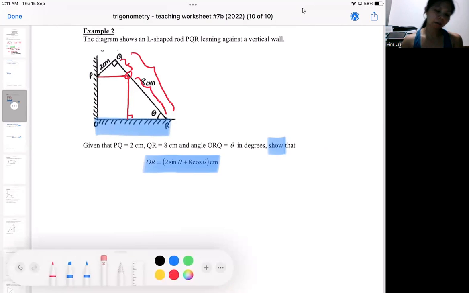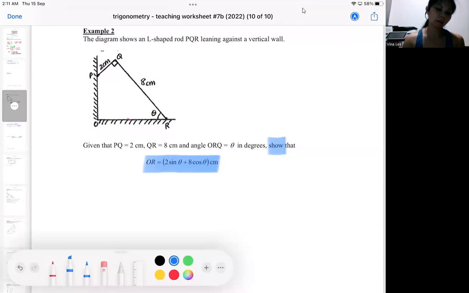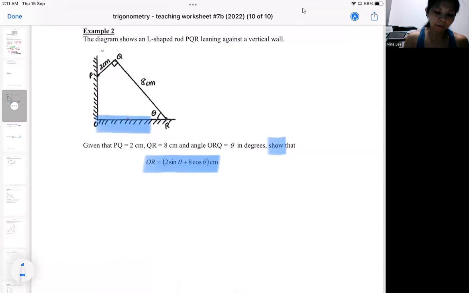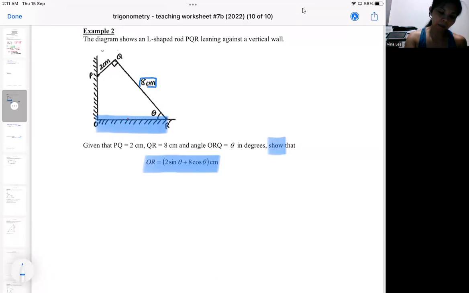So our idea here is, if you would like to do any cutting, you are not supposed to cut the angle. You cannot cut the theta. You cannot cut the length. So then what can you cut? You cannot cut theta. You got to keep the 8 centimeter intact.